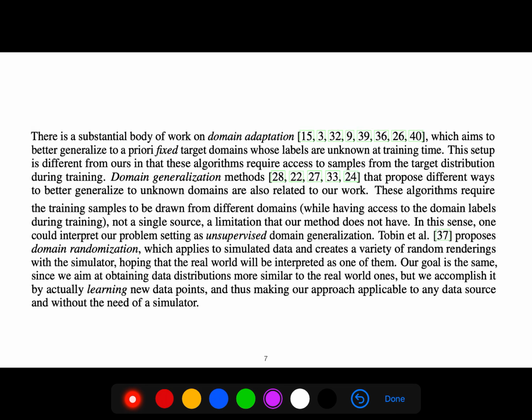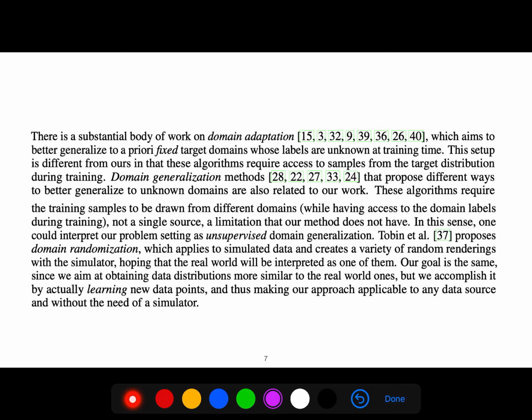There is a substantial body of work on domain adaptation, which aims to better generalize to a priori fixed target domains whose labels are unknown at training. This setup is different from ours in that these algorithms require access to samples from the target distribution during training.